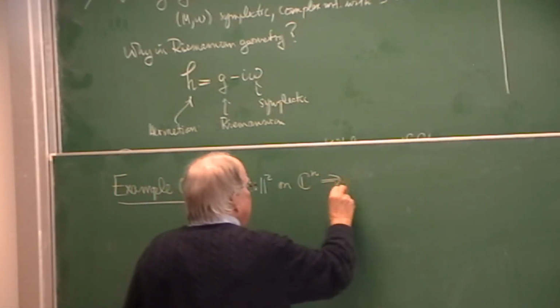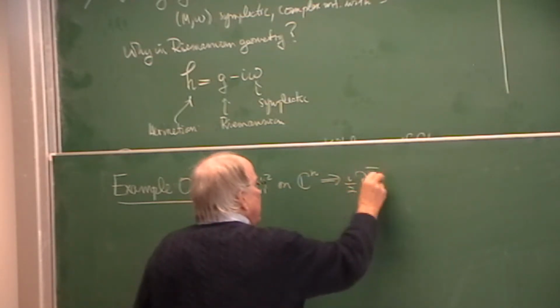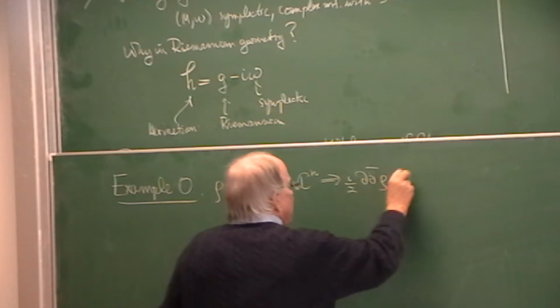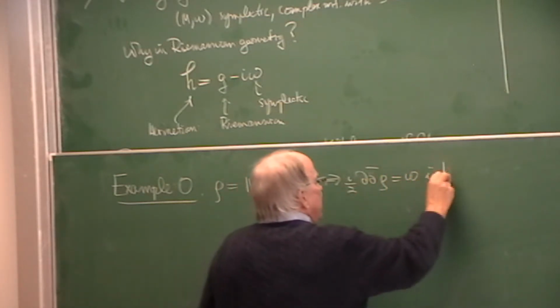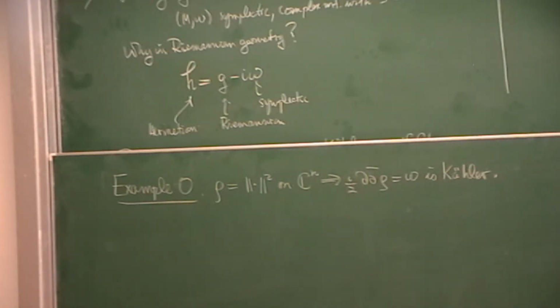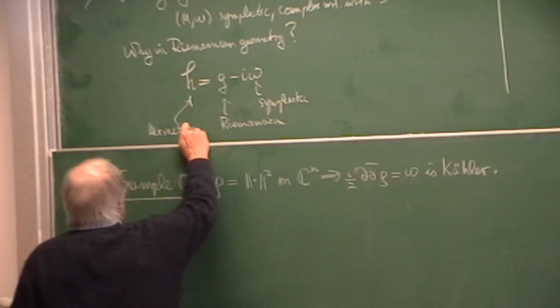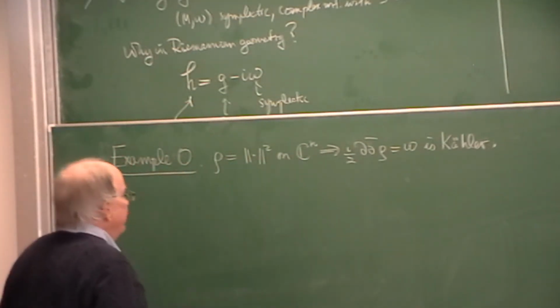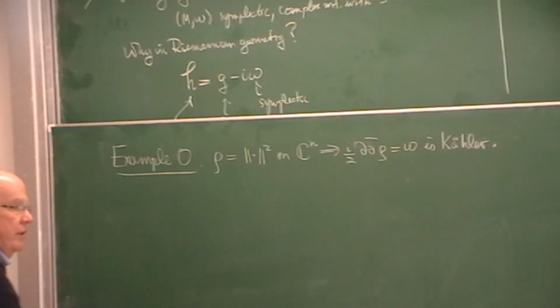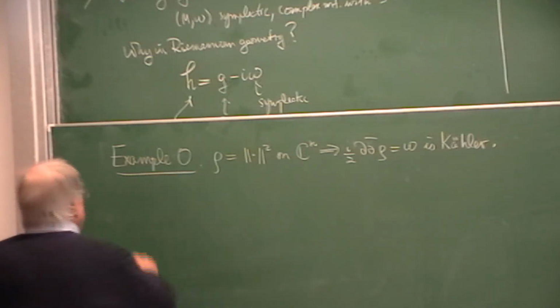Then i over 2, this just makes the thing real, ∂∂̄ rho equals omega, is a Kähler form. When I say that, I mean the manifold is Kähler with respect to that form. I just did it for one variable. Well, that's not so interesting, but I'll tell you something that's very interesting. This is example 1.